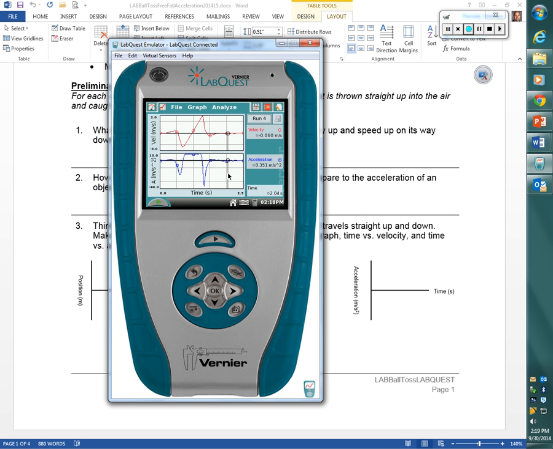But these graphs don't look the same as the graphs from before, right? What's different about them? The motion detector was high, right? And based on how the motion detector was oriented, downward is the positive direction and upward is the negative direction, right?